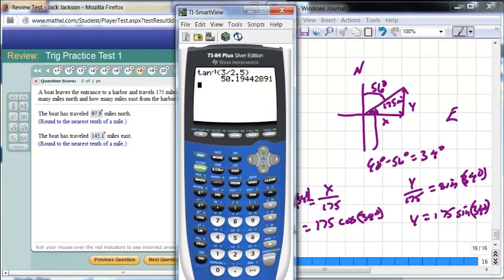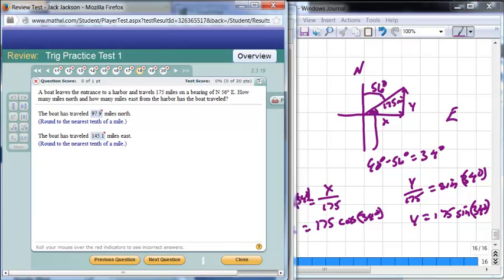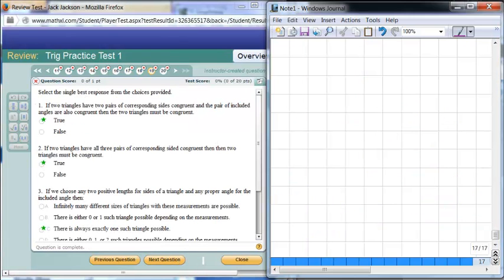So we just work those out real quickly here. 175 cosine of 34, that's how many miles to the east, and that's 145.1 to round it off. And 175 sine of 34 gives us how many miles we went north, 97.9. Next question.